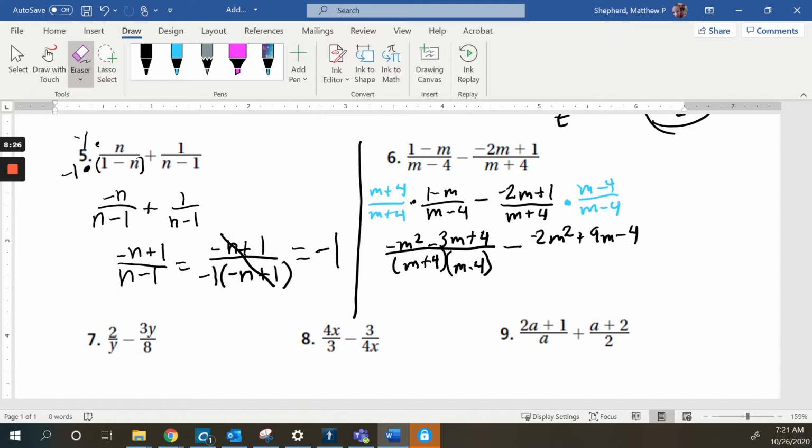Okay, and we will have the same denominator, m plus 4, m minus 4. All right, now that we've done that, we need to remember to subtract everything through. So I'm just going to go ahead and do it this way.